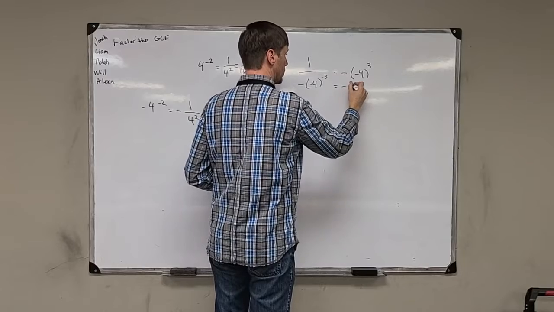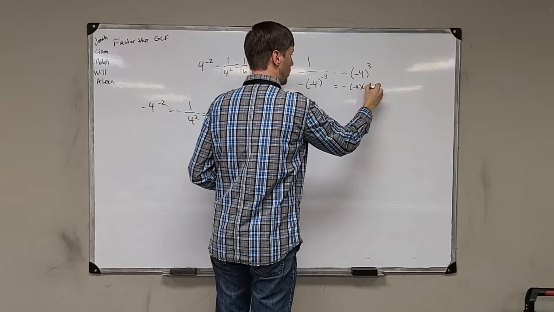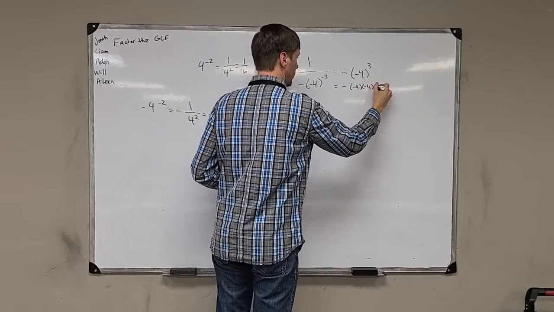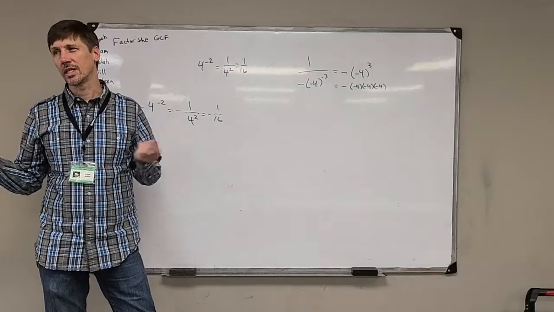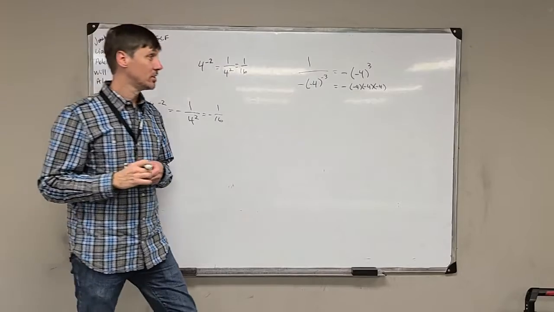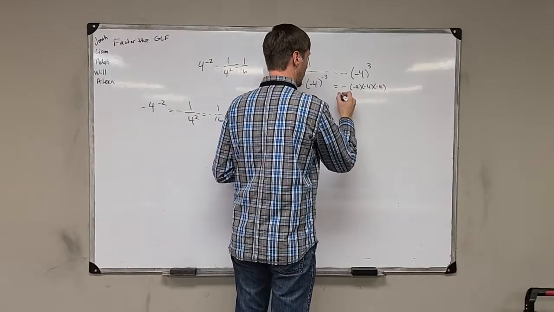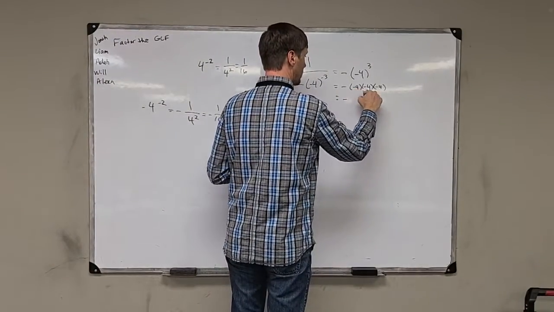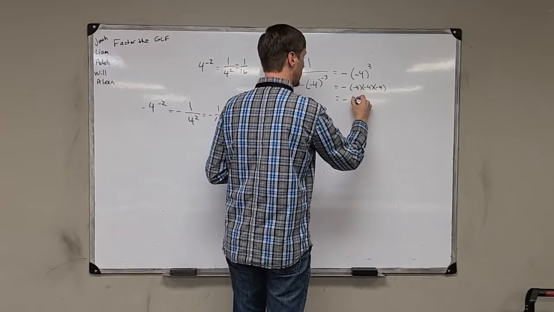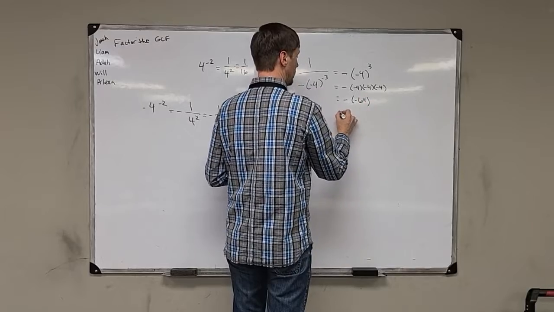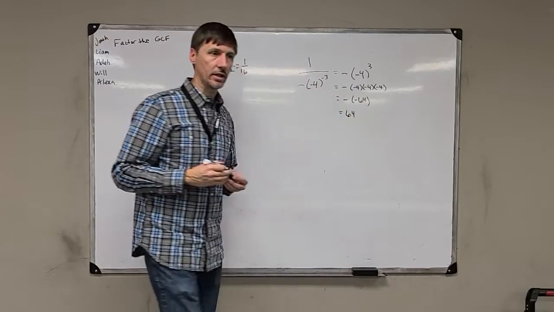So this would be negative 4 multiplied 3 times, right? Isn't that what negative 4 cubed is? We could punch that in our calculator too, and we should get 64. Negative 4 times negative 4 is positive 16. 16 times negative 4 is a negative 64. And so then we get positive 64 as our final answer.